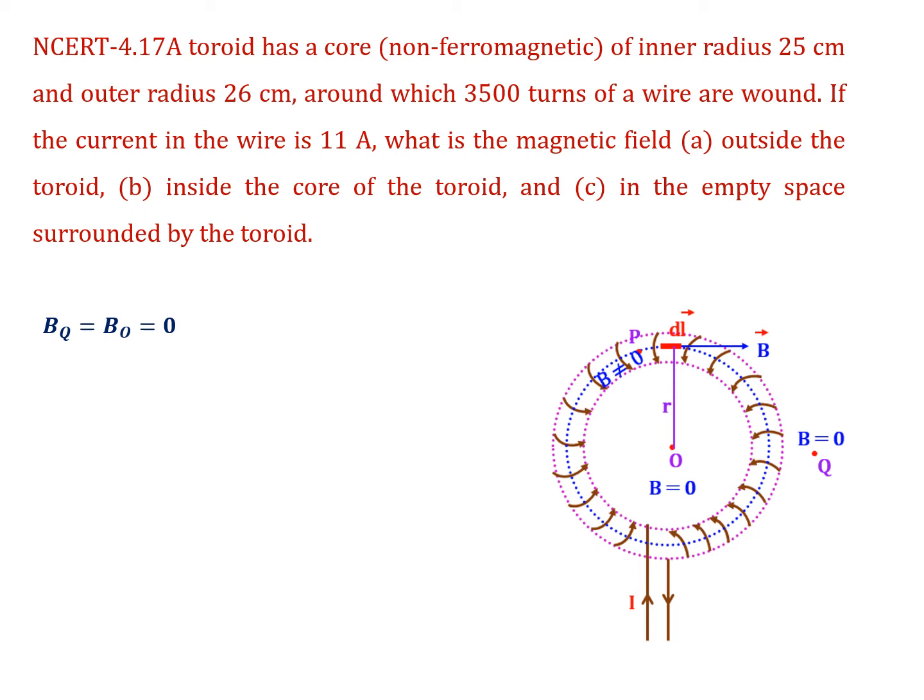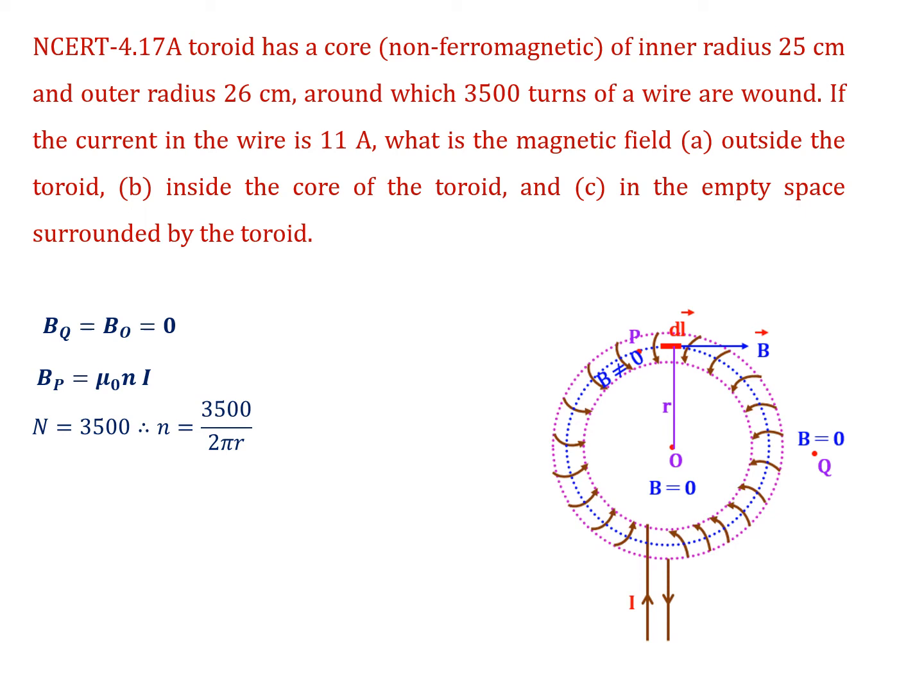Now we take the core of the toroid. In the core, the magnetic field is mu naught n I. Okay, we want to find out the number of turns per unit length. So the total number of turns is 3500. The number of turns per unit length will be 3500 upon 2 pi r. We are not given r, but we are given the inner radius and the outer radius.